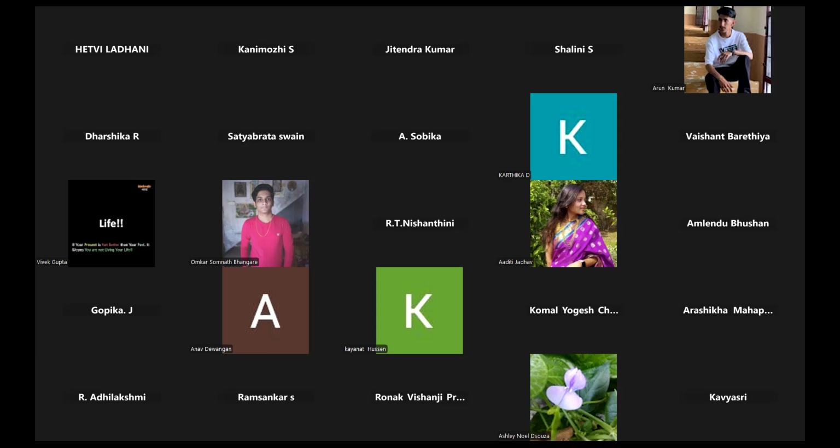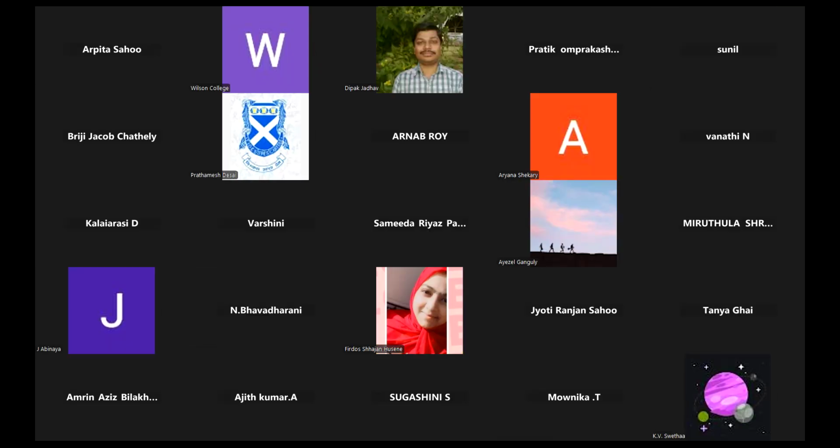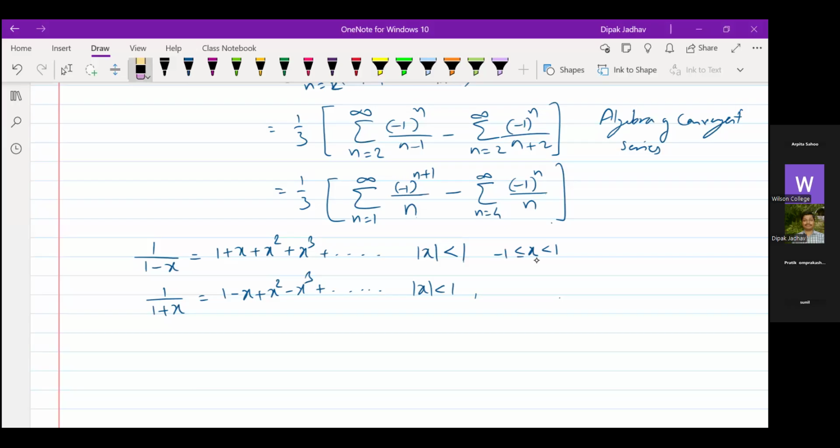So you can replace x by minus 1 in this. If you replace x by minus 1 in this expression, what are you going to get? Or how will you generate this kind of series? By using this power series.